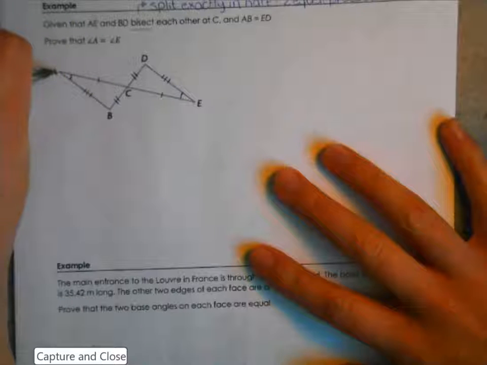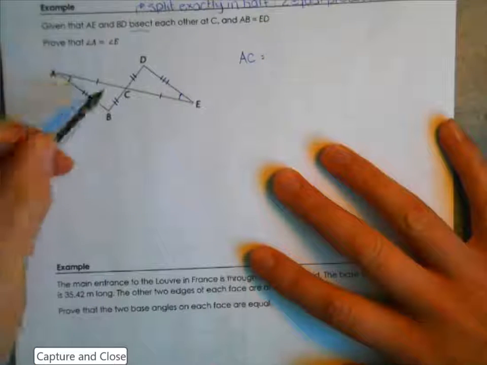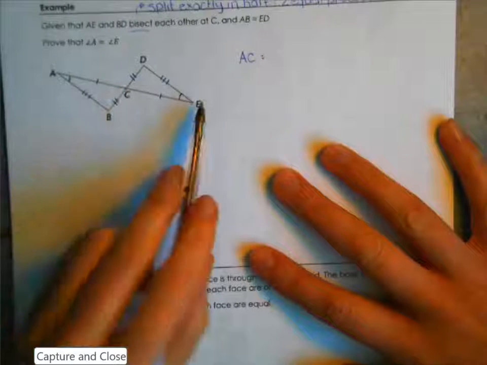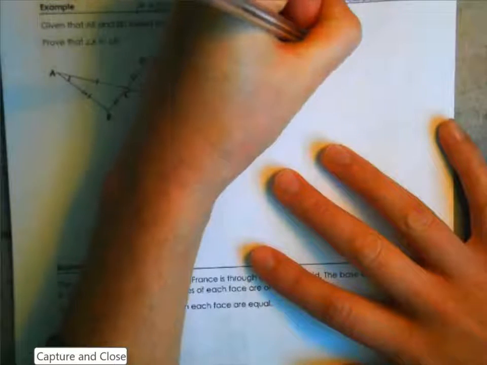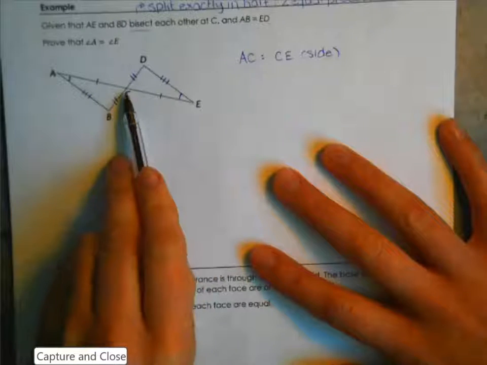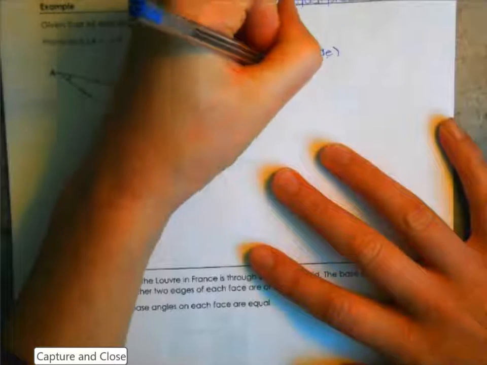So we just need to write out our proofs, which is AC is equal to CE, and that's side. Then what else do we have? We have BC is equal to CD. So that's side.